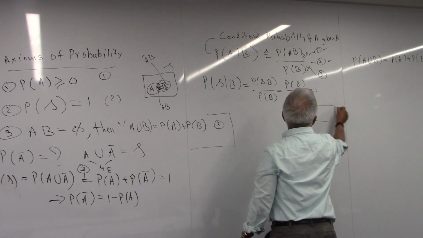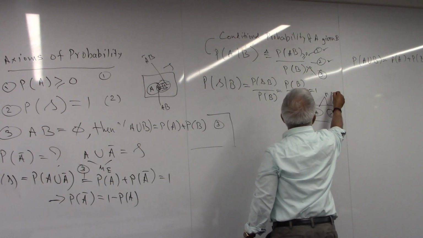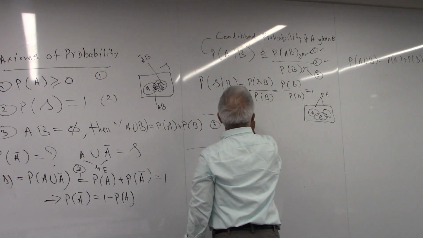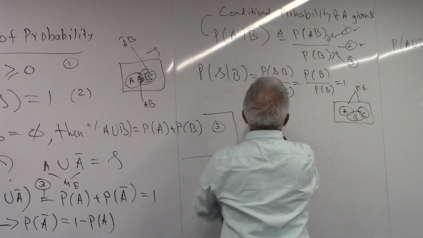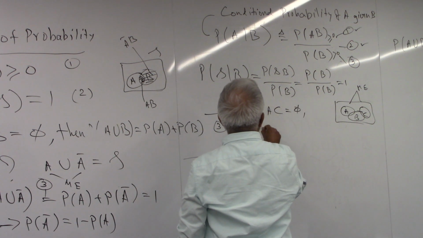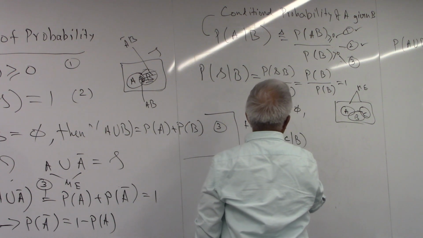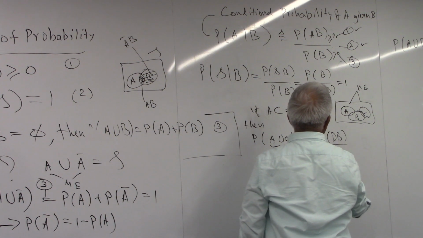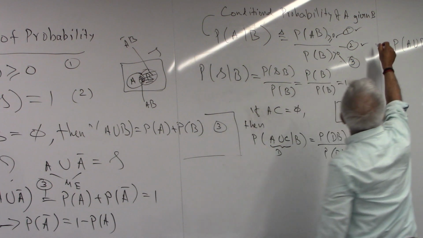Third, I take two sets which are mutually exclusive. So I take something like this, A here, C here. A and C are mutually exclusive. Let's say B is something like this. Then we want the conditional probability of A union C given B. I'm going to call A union C by D. So this is P(DB) divided by P(B) by this definition, definition number 4.